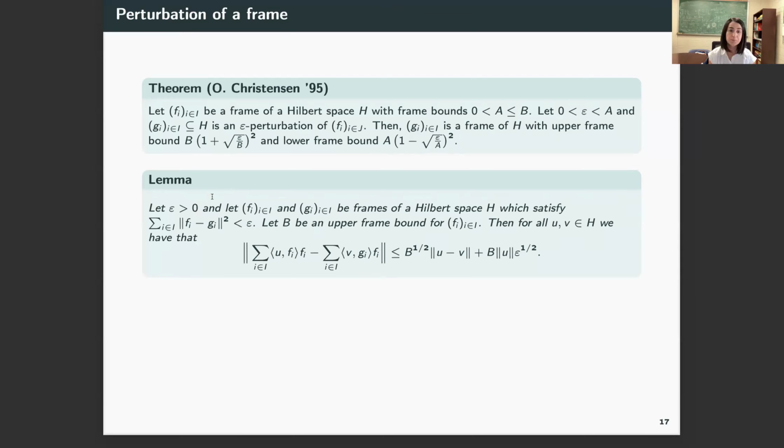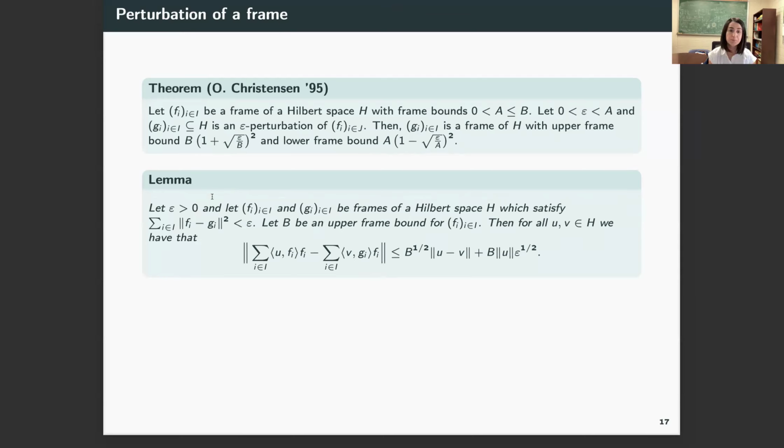I'm looking at the inner product of u and fi, which is the frame coefficient between u and fi, and the frame coefficient between v and gi. If I look at this difference, it's going to be bounded above by a term which depends only on the upper bound of f and how far away u and v are from each other, plus the epsilon of the perturbation.